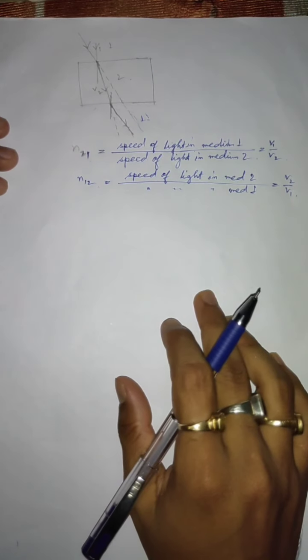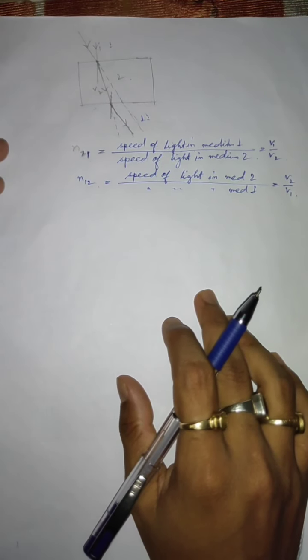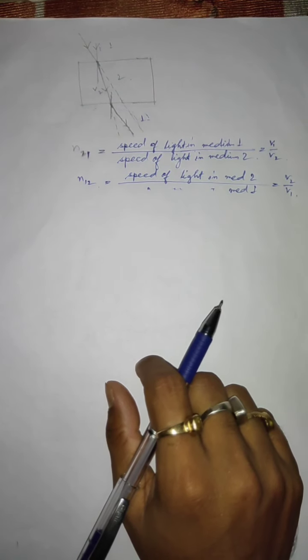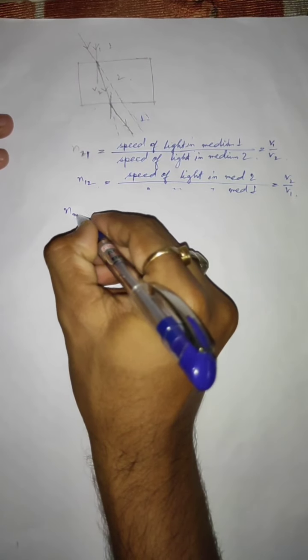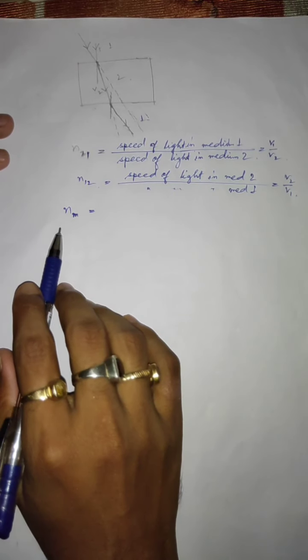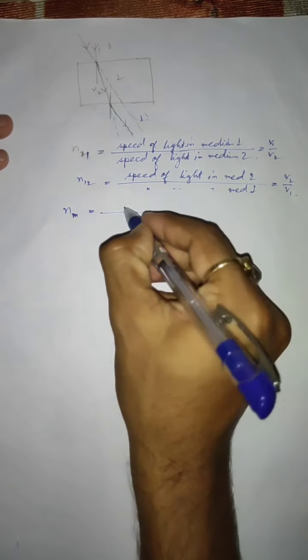So this way we can compare or relate the refractive index to the speeds of light in different media. And in general there is a formula: n_m, the refractive index of a particular medium, is c by v.